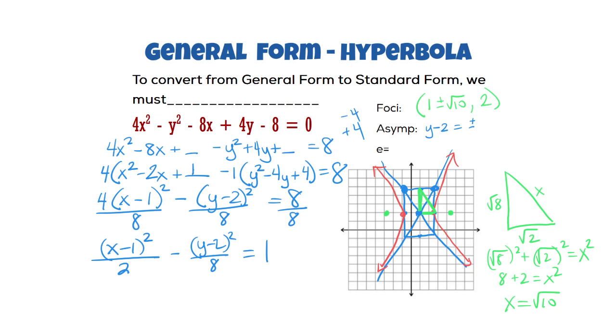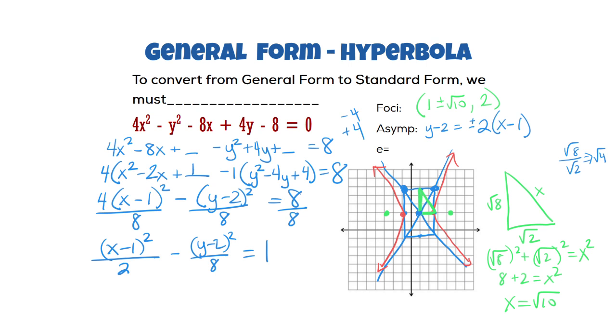So plus or minus the square root of 8. A little side note: square root of 8 over the square root of 2 would really just reduce to the square root of 4, which would really just reduce to 2. So here finally something's going to come out nice for us. All right, our slope, plus or minus 2, and then x minus the x value of our center, which looks like this.